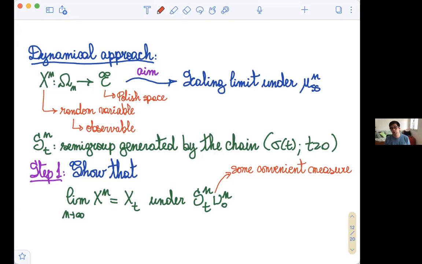So we can talk about weak convergence, or convergence in your favorite sense, as n goes to infinity.